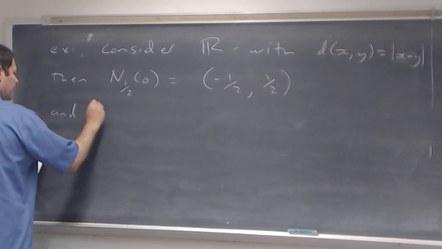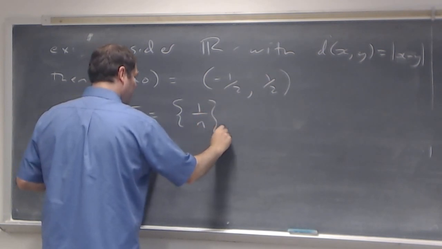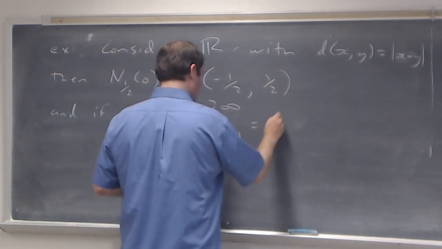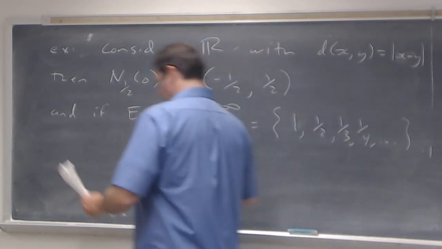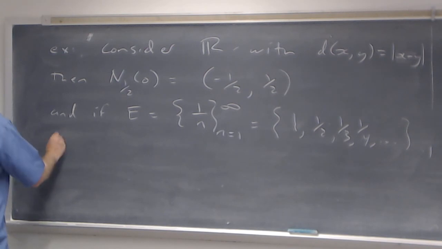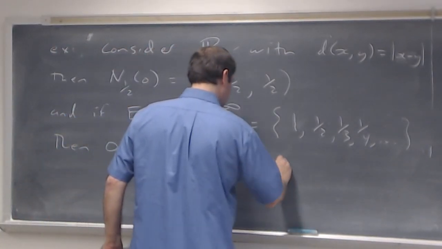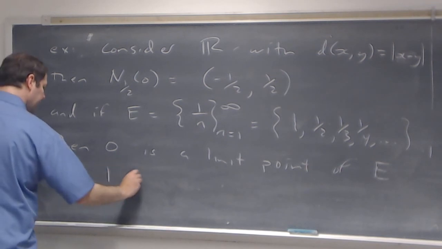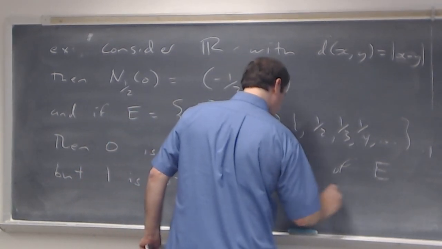And if E is equal to the set of all real numbers that have the form 1 over n, where n runs from 1 to infinity, which is equal to 1, 1/2, 1/3, 1/4, and so on, then 0 is a limit point of E, but 1 is not a limit point of E.